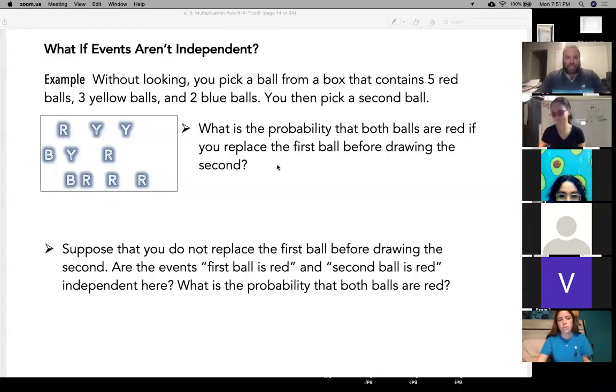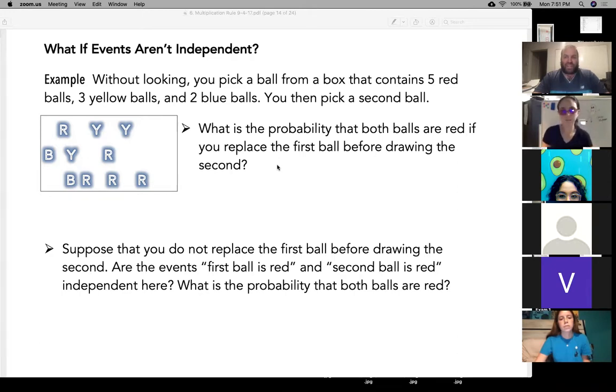Let's skip the next slide. It doesn't really add anything to the discussion in the interest of time. So let's go to slide number 14. You asked, I answer. What if events are not independent? It says, without looking, you pick a ball from a box that contains 5 red balls, 3 yellow balls, and 2 blue balls.